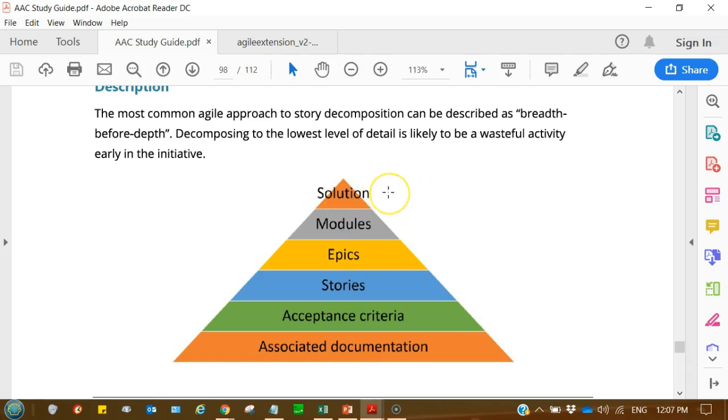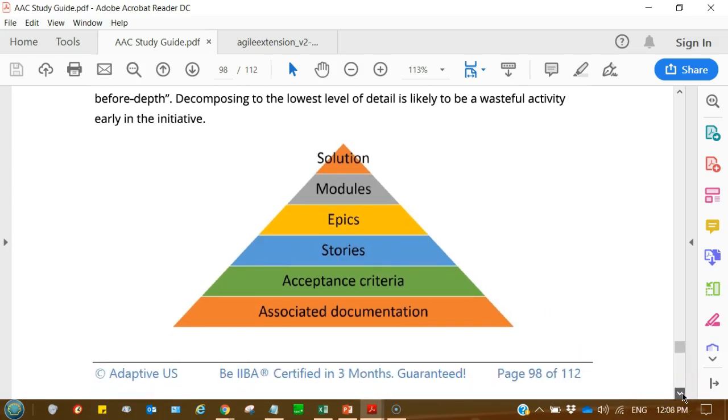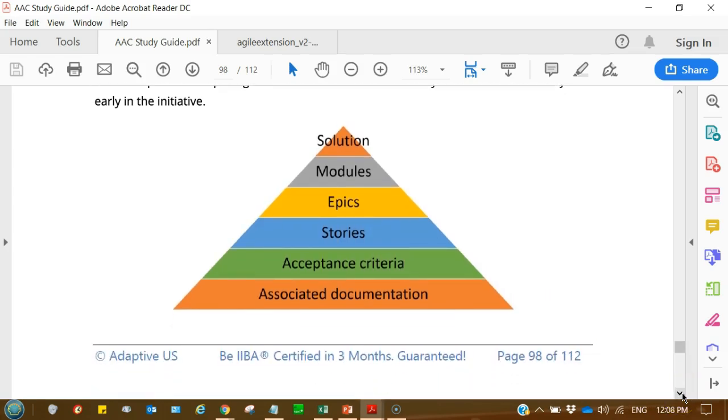I need to look and say, where am I in this pyramid, what level of detail do I need, so that I don't need acceptance criteria until I've identified stories. And again, this is more about when do I need it, not when do I have it.